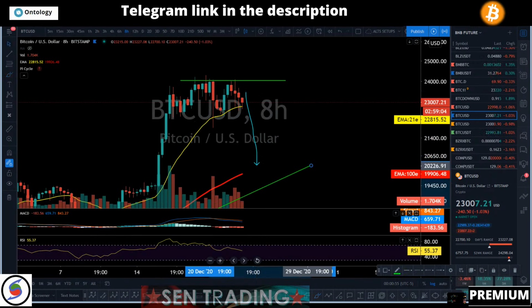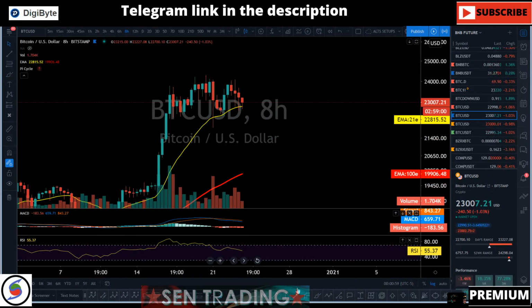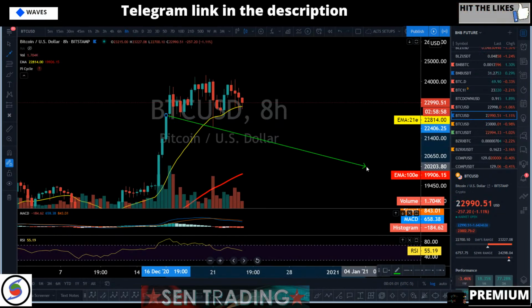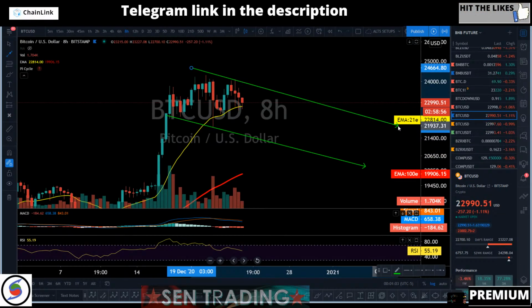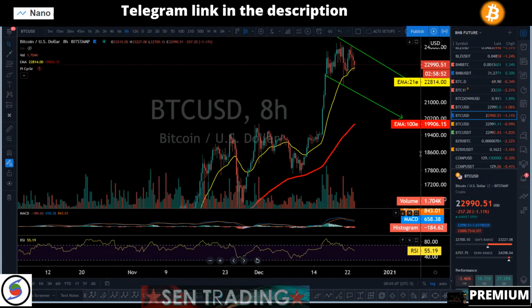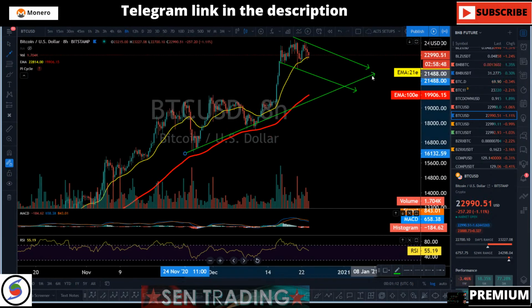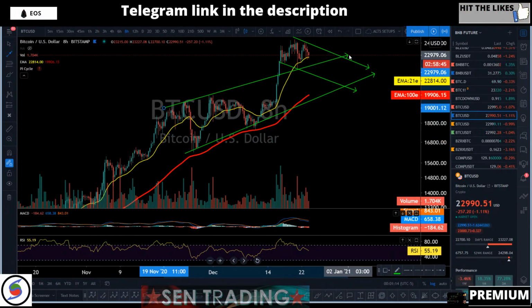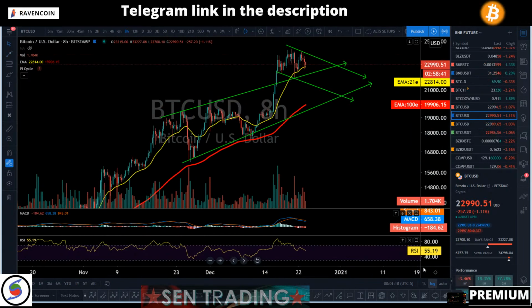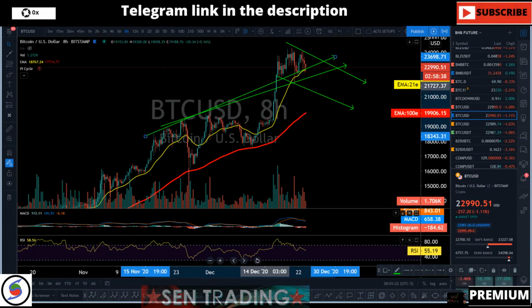A possible channel we could be creating over the next few trading sessions. Remember guys, I said it when BTC was right here: we could be in a channel right here. On a linear scale it could be something like that, but we didn't know how high it's going to go.